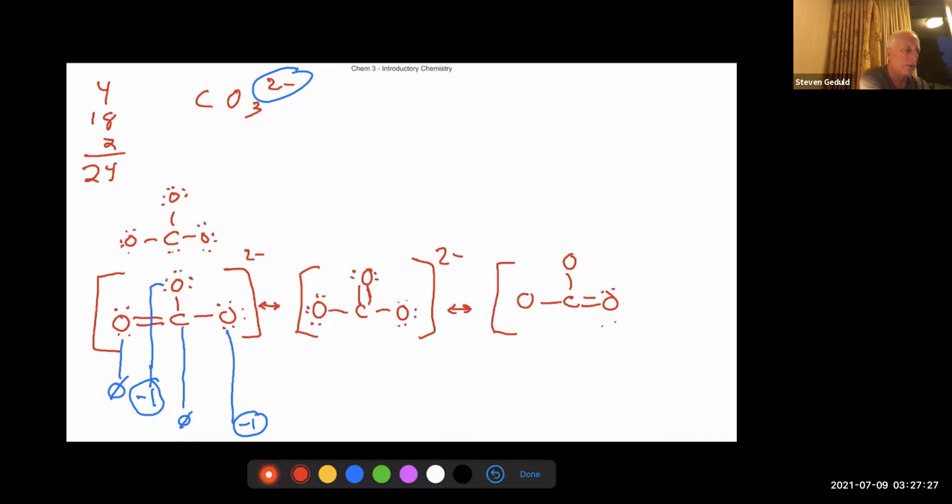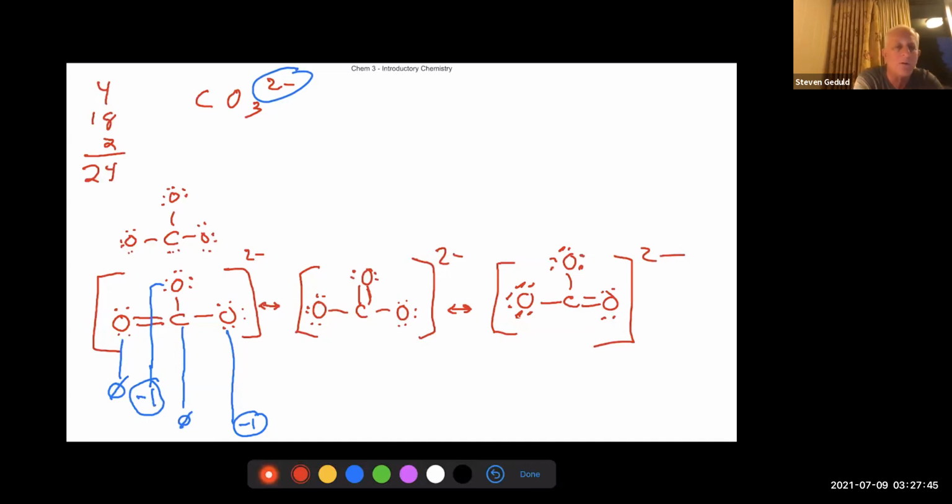We'll fill these all in. Let's put these boxes a little closer. Don't get confused. Okay, those are your other 2 resonance structures.